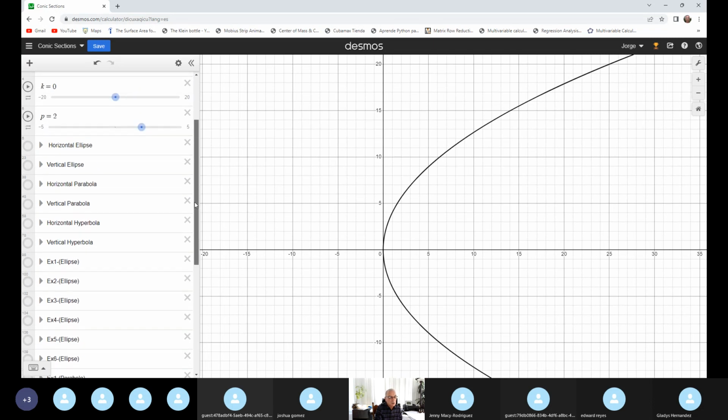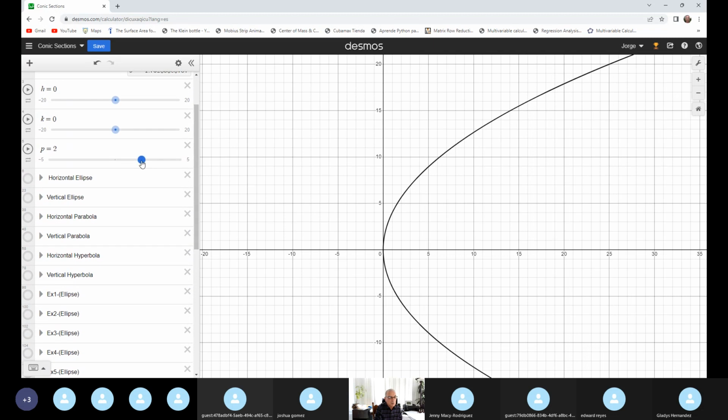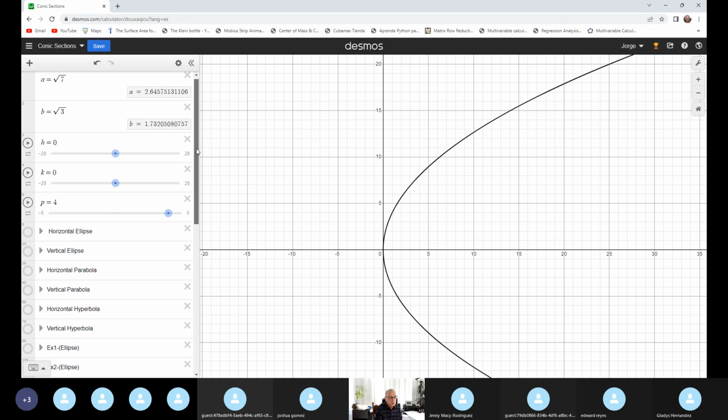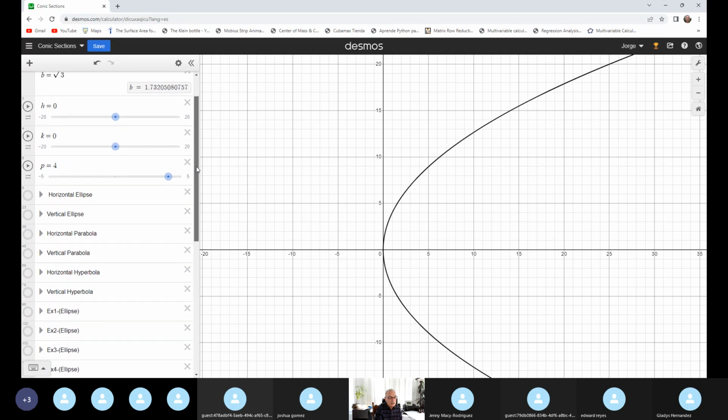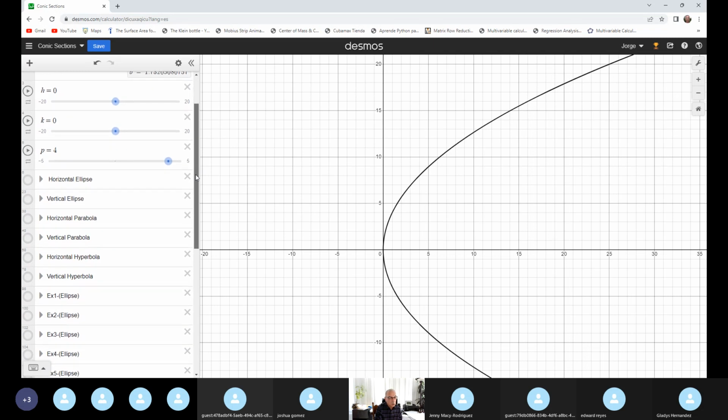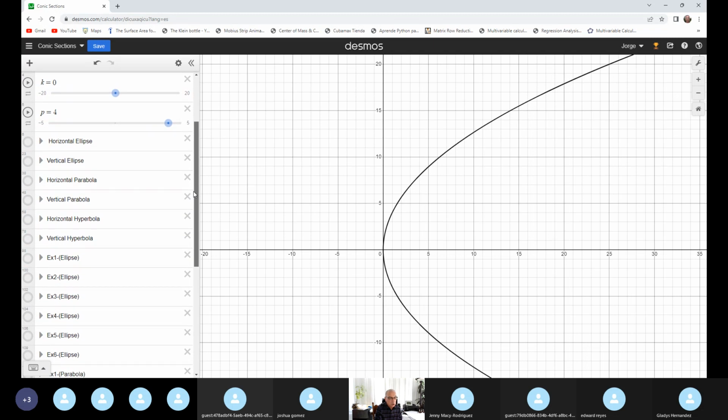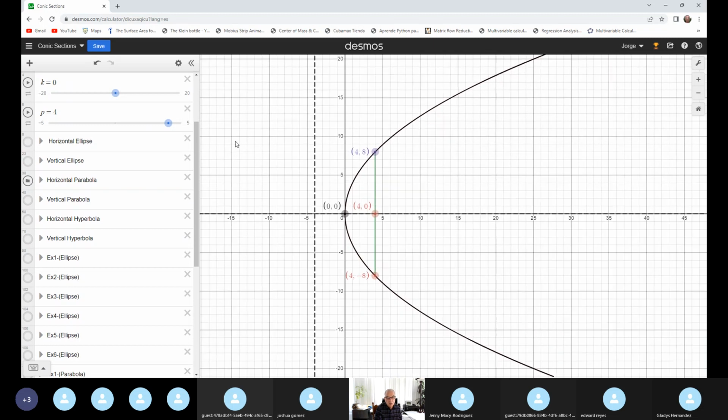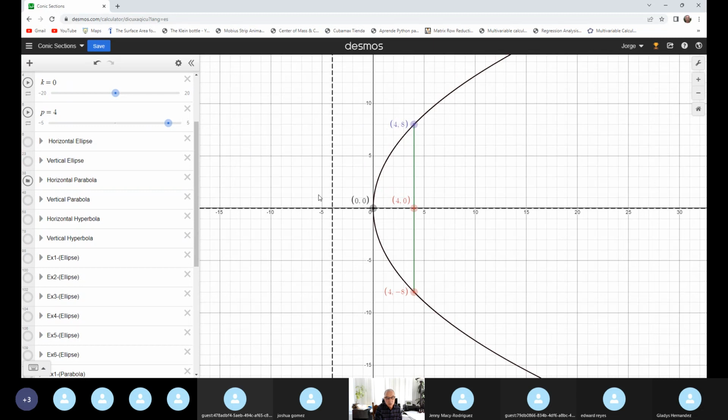Okay, so now p is 4. Let me move p to 4. There you go. And the center is always 0, 0, no? And you select now the horizontal parabola, right? Ah, look at that. Let me zoom. Vertex 0, 0.